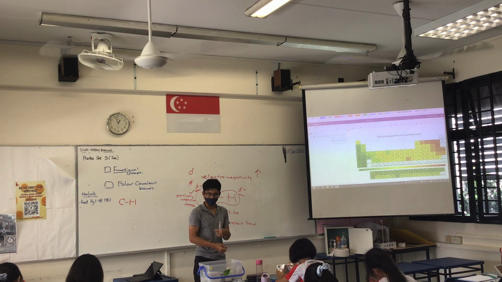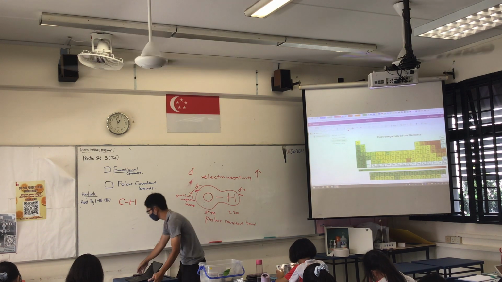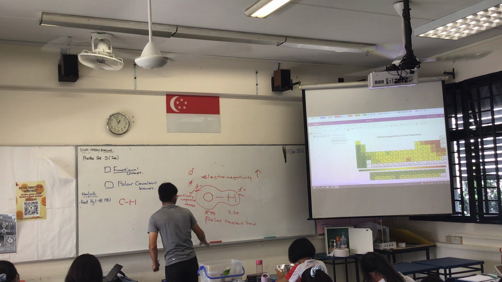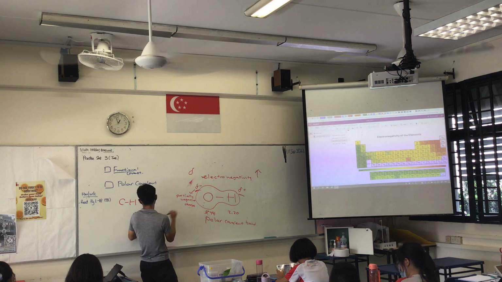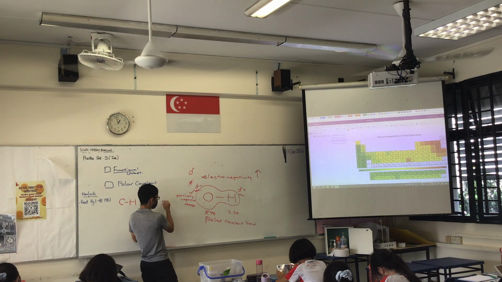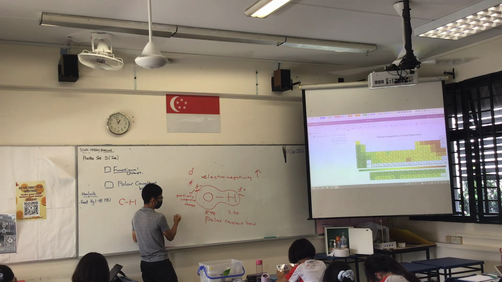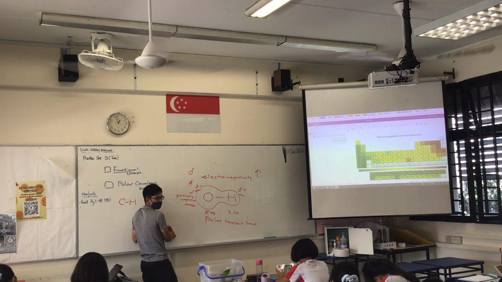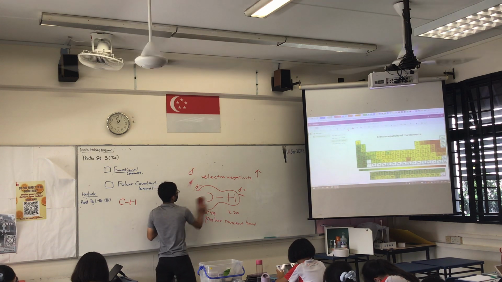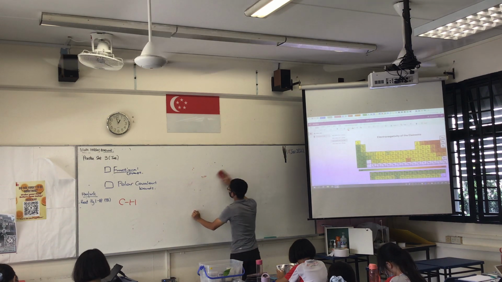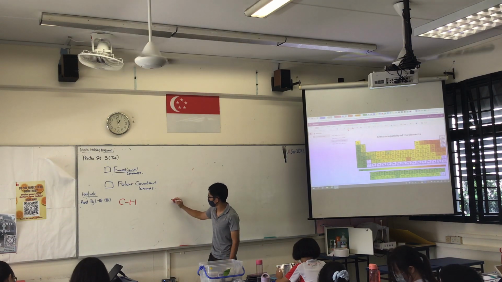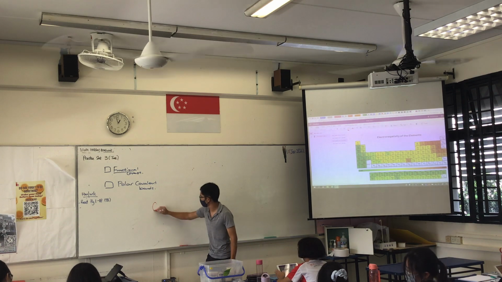Then I'll invite a few of you to the whiteboard to draw your electron density for the covalent bonds. So we have CH. Later someone will come up to draw for me NH. Then the next person will draw CH.